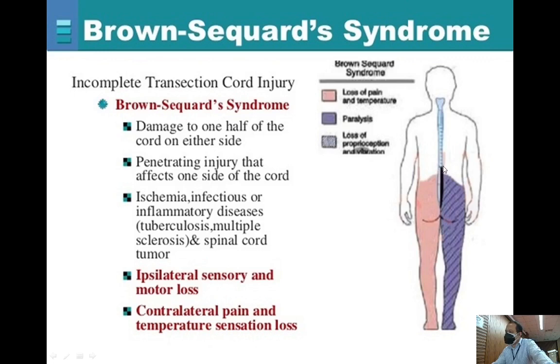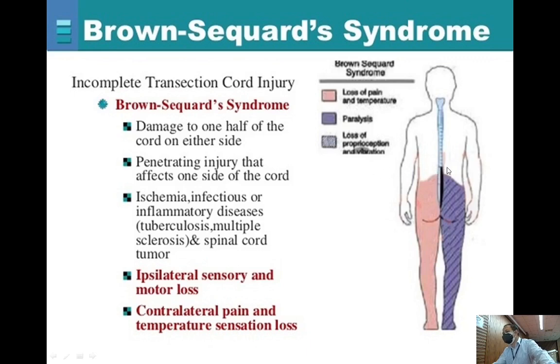Now, what will happen at the level of the injury at this point? What can be the effect on sensation and motor function? At this particular point, the level of lesion, you'll find that the posterior root is completely injured, and because of that all sensation will be lost, something called complete anesthesia.